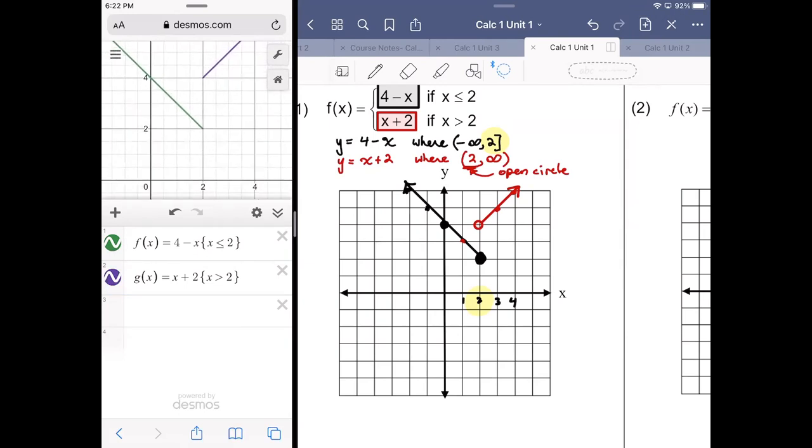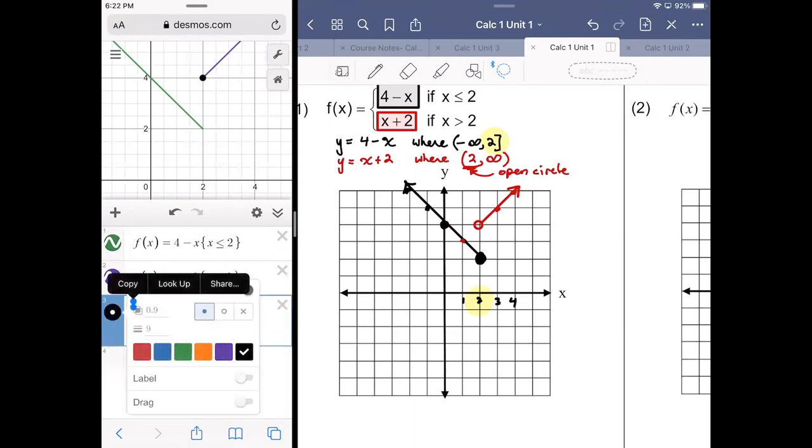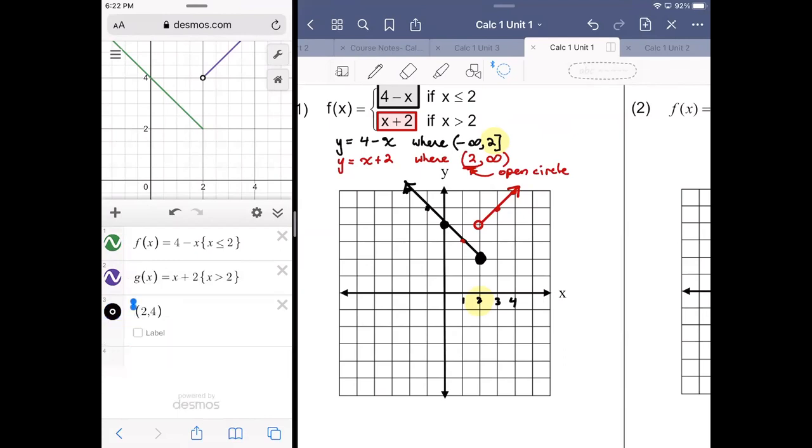In this case, 2, 4. So I'd plot 2, 4. It'll plot it as a solid point, and you're like, well, that defeats the purpose. But what you can do is long press on that icon there and change the type of point to an open circle. And now you have an open circle.